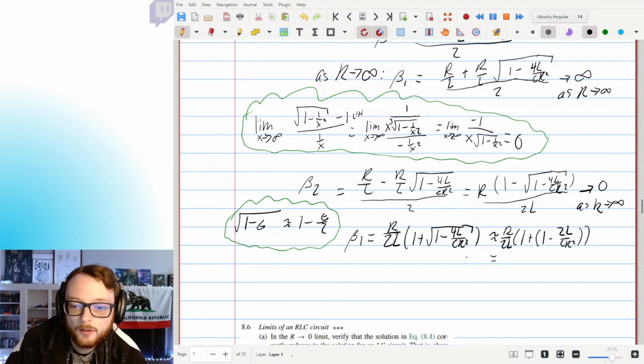So we get R over L, because we multiply by the 2 in there, minus the 2 L's cancel, 1 over CR. Which is approaching infinity. Still, that's consistent with what we found previously.